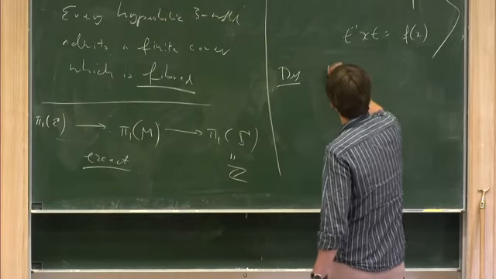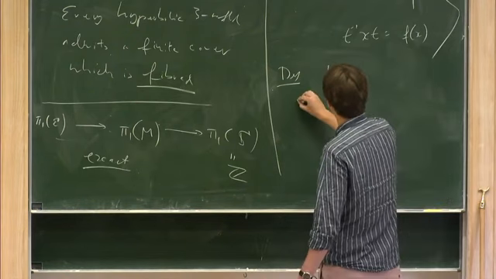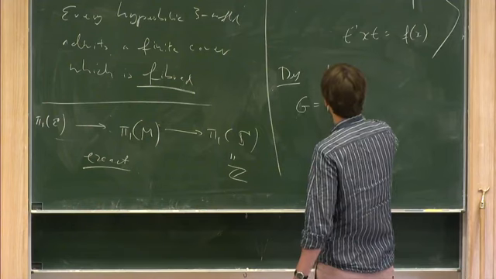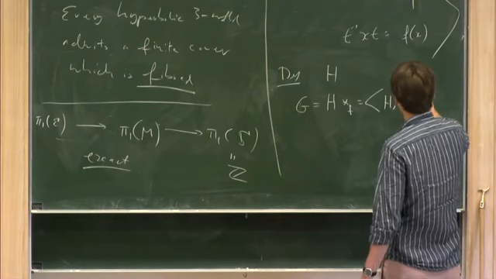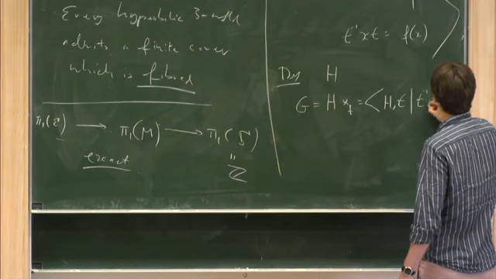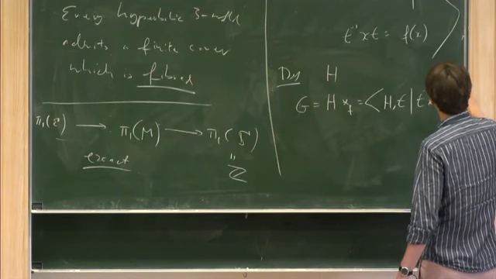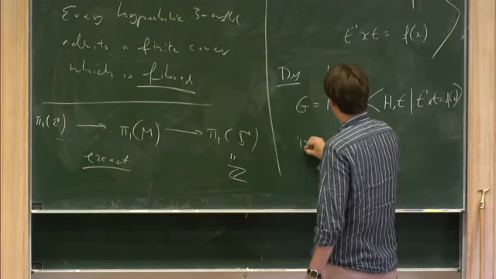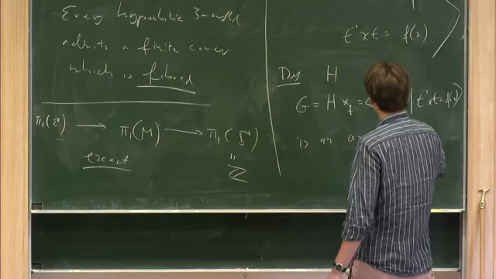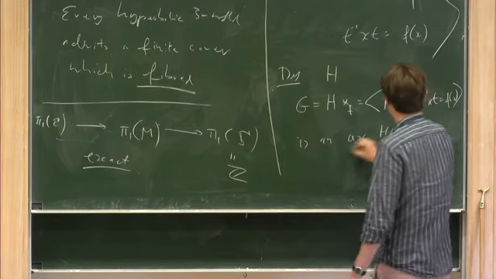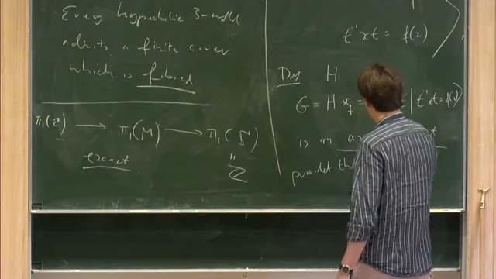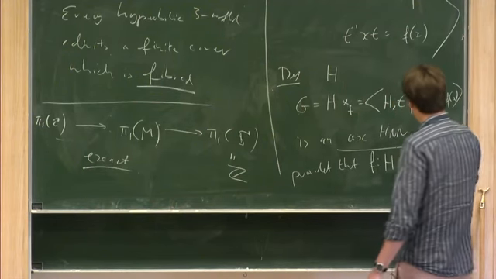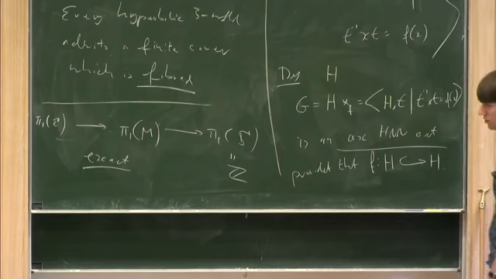If we take a group H, then any group G of the form H star F, so H and the stable letter and the relations of this form, is an ascending HNN extension, provided that F is a monomorphism from H to H. Okay, so this is the definition of an ascending HNN extension.